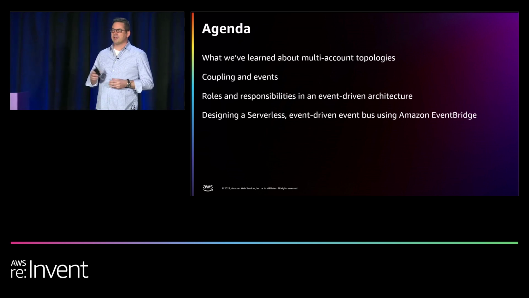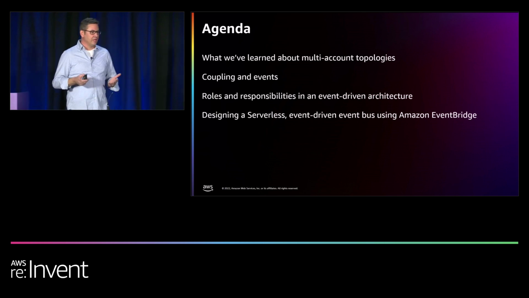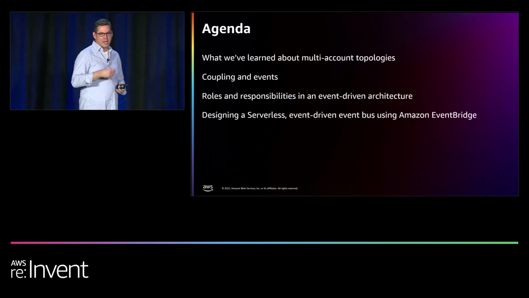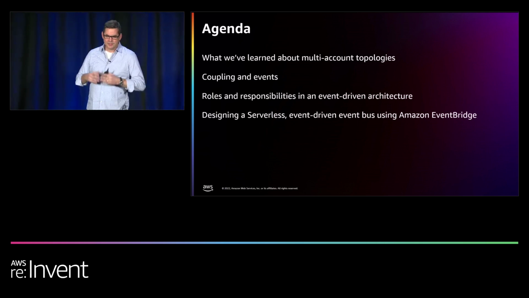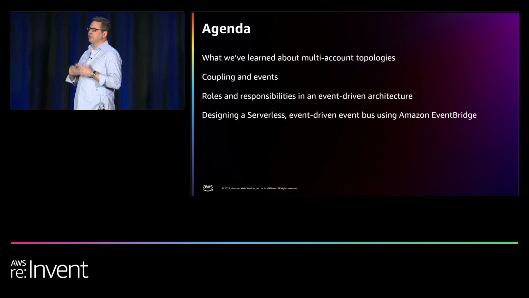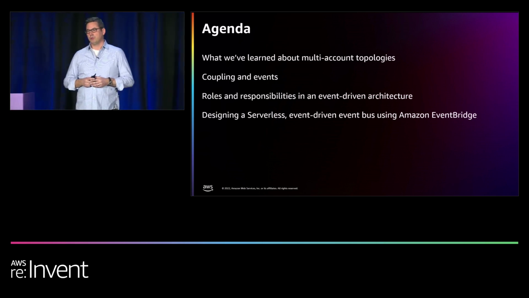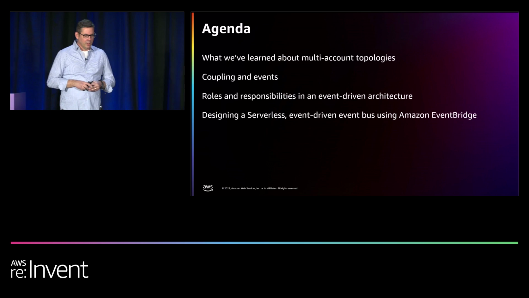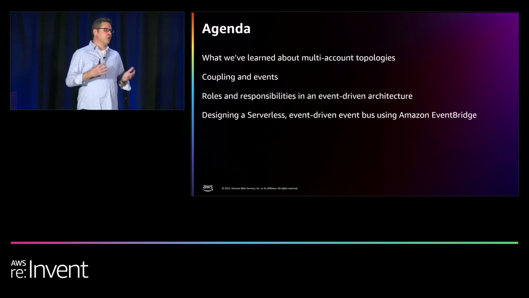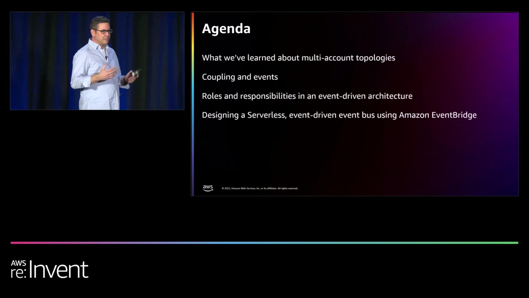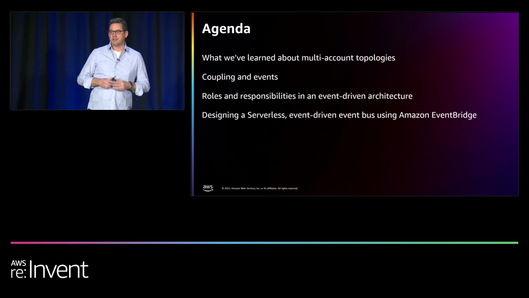I want to talk to you about some of the common themes that come up when I talk to customers about event-driven approaches to integration, as well as some of the key design decisions that need to be made as you plan for organizational-wide adoption. This means having a core understanding of concepts such as coupling in a distributed system.